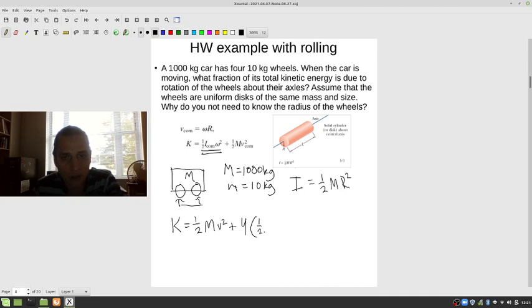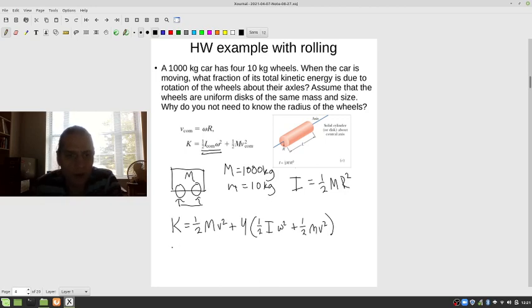It would be 1/2 I omega squared plus 1/2 little m v squared. Okay, so you have a rotational and a translational part for each one of those. So we take it and multiply by 4.